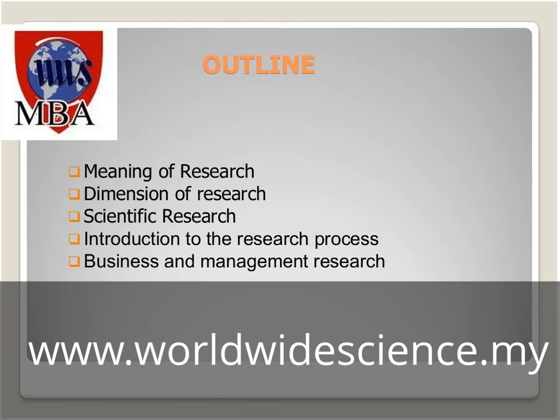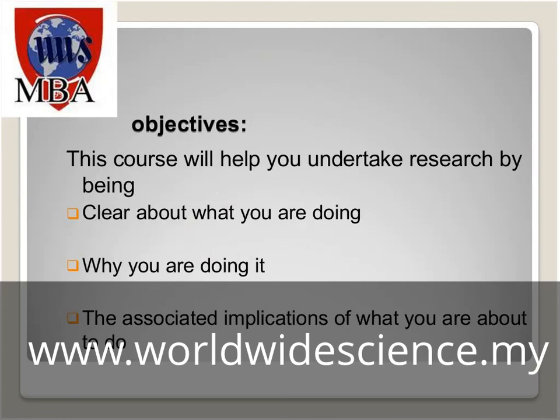Okay, the outline of the last class is about the meaning of research, dimensions of research, scientific research, an introduction to the research process, and finally, business and management research.